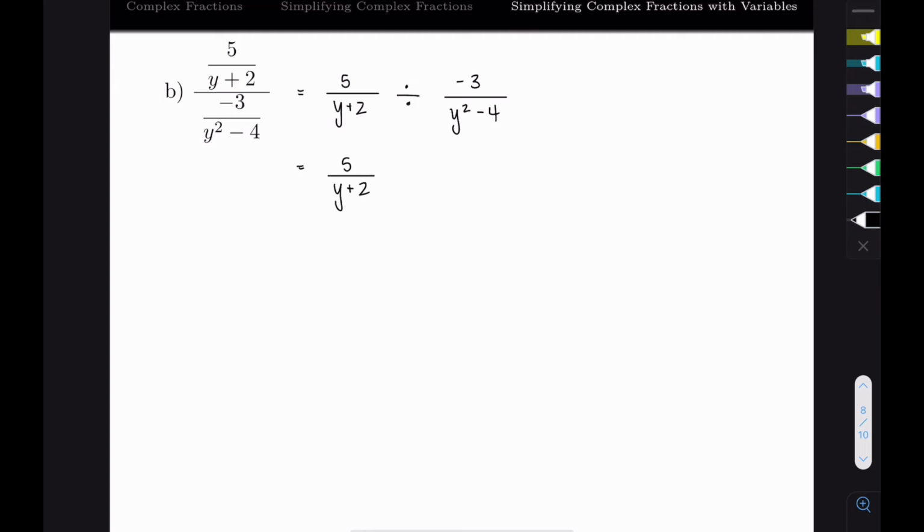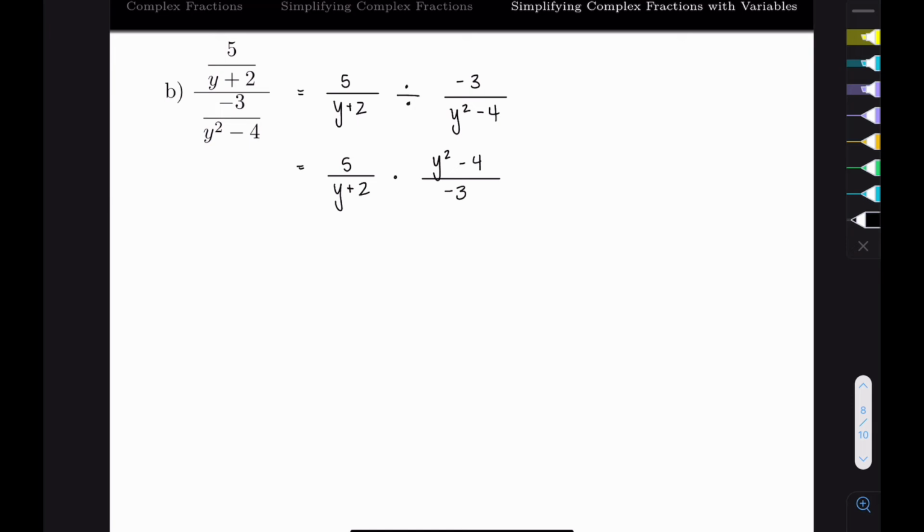So I'm going to flip this and change it to multiplication, and then simplify. Really, at this point, you can just jump from this step to here, so go ahead and multiply by the reciprocal of the denominator.